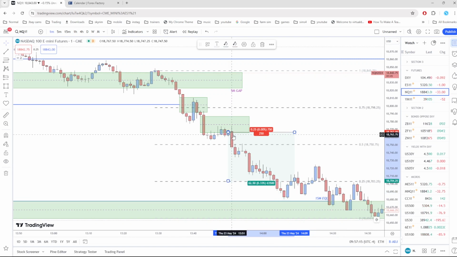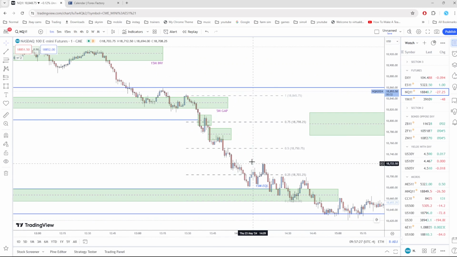Finally gives up the ghost and hits your take profit. So a beautiful area to take a partial would be 0.25%. Take a partial off, reduce the risk, and if you wanted to leave a runner, then you could do so. And that would be that particular trading idea.